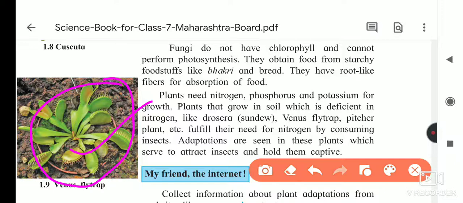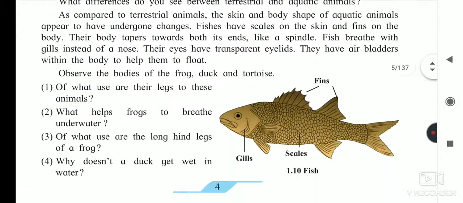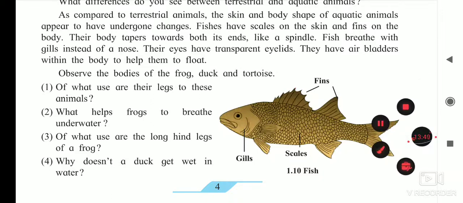For that purpose they have adaptations like a sweet fragrance and an attractive color, and due to this the insects get attracted towards them. Some more examples are the Venus flytrap, pitcher plant, shown here in the picture, and Drosera or sundew.